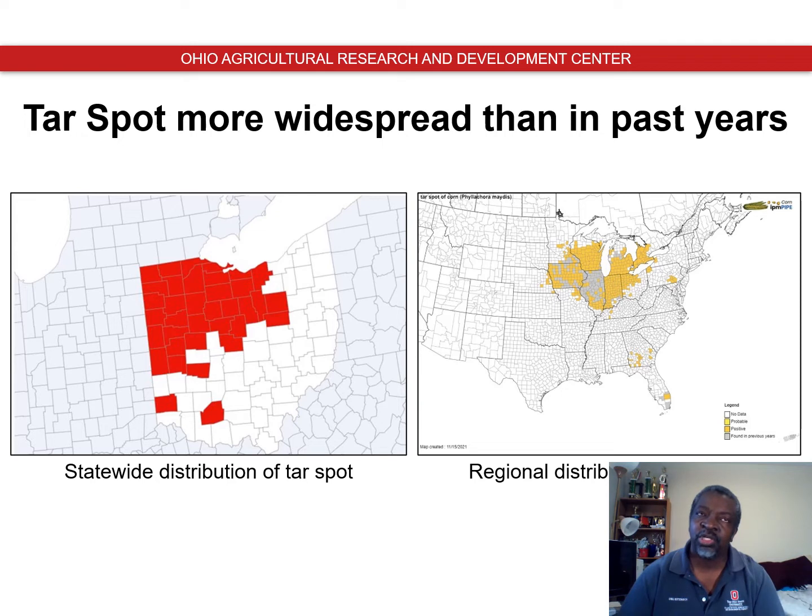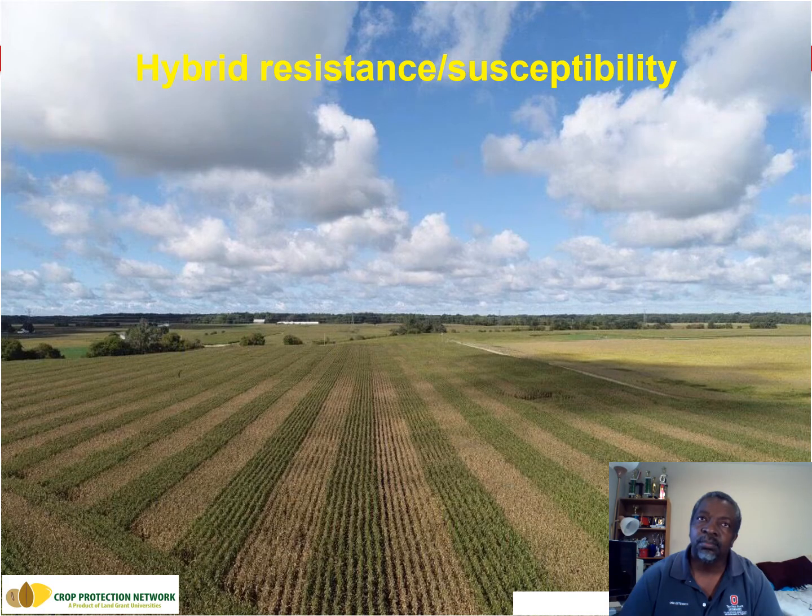It doesn't show you how severe the disease was or how much yield loss was associated with the disease. Across the region, we had quite a bit of tar spot as well. Several states in the Midwest had tar spot at fairly high levels, and that's my speculation as to why you saw tar spot in fields that did not have crop residue, because spores are easily blown in from neighboring fields with this much tar spot in the region.